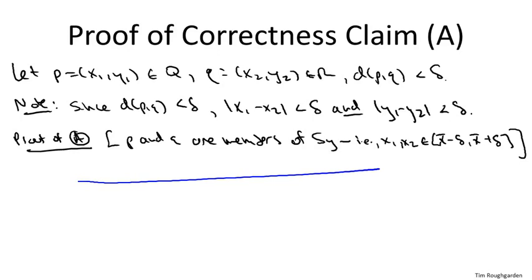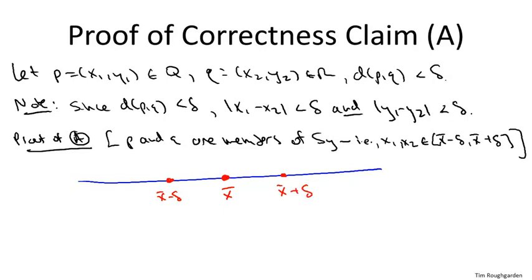So on the one hand we have x bar. This is the x-coordinate of the n over 2 point from the left, and then there are the x-coordinates which define the left and the right borders of that vertical strip, namely x bar minus delta and x bar plus delta.